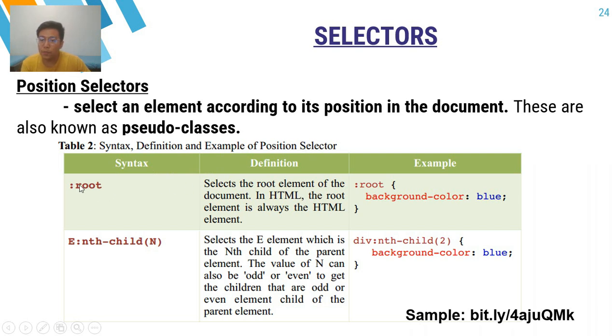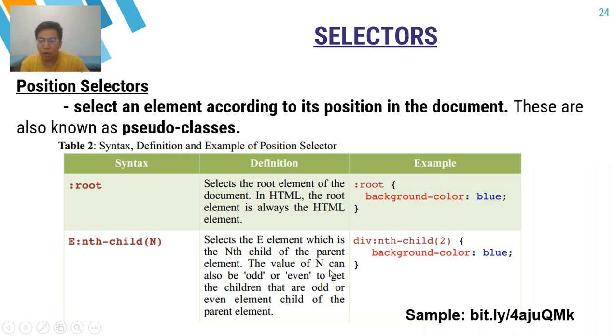The first one is the colon root. This selects the root element of the document. In HTML, the root element is always the HTML element. So with the HTML element, you can change the background color to blue, or you can add a background image if you like. For E:nth-child(n), this selects an E element which is the nth child of its parent element.